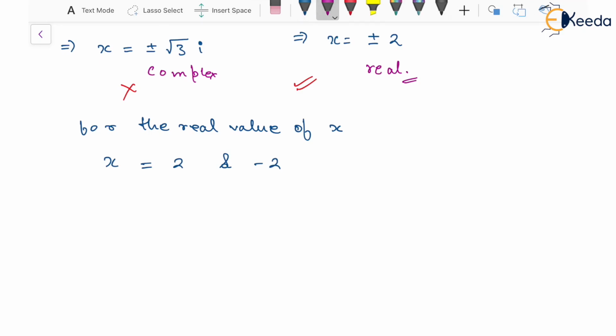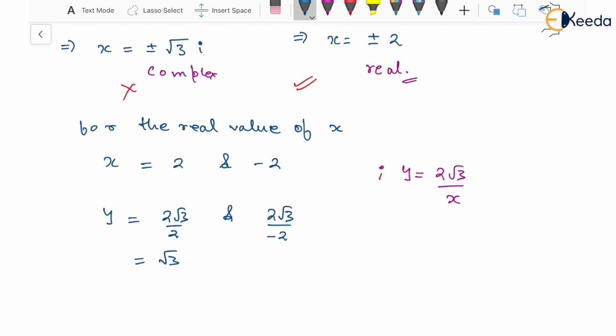Now since we have already seen y will be 2 root 3 divided by x, substituting the value of x we will have y is equal to 2 root 3 by 2 equal to root 3, and 2 root 3 by minus 2 is equal to minus root 3.